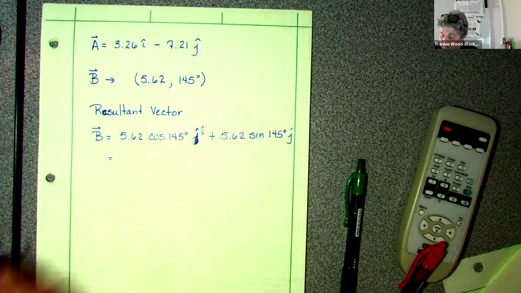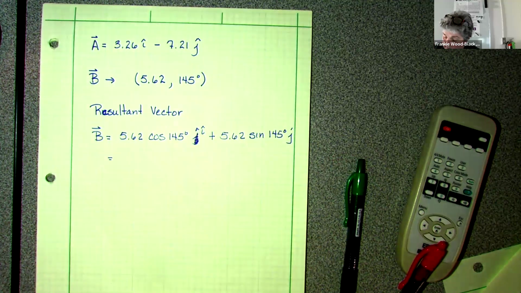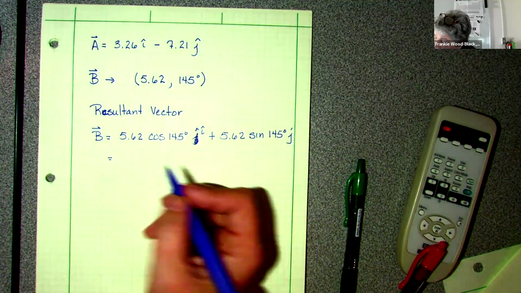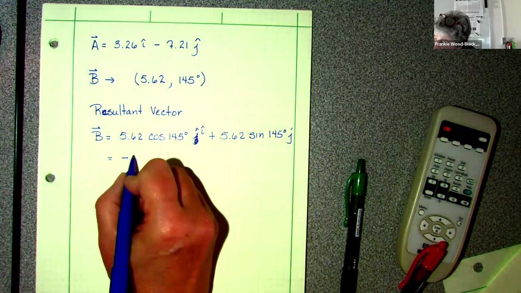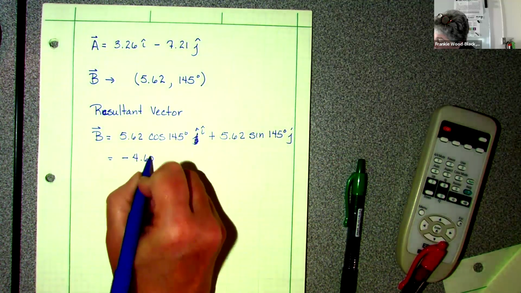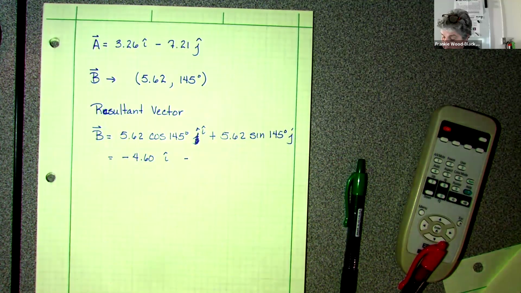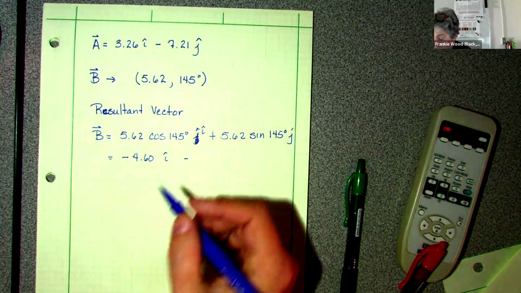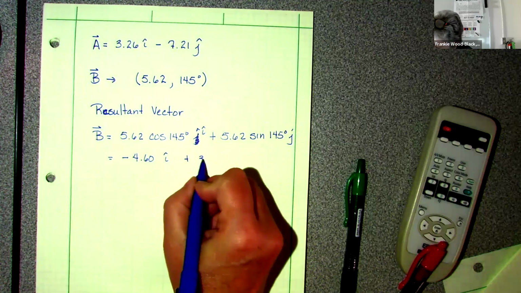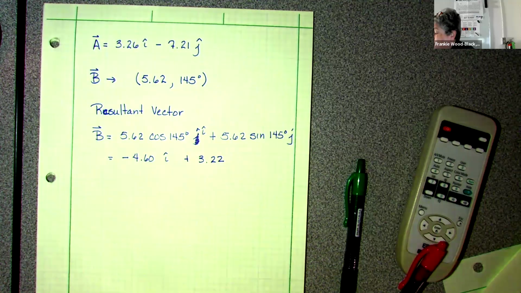So I'm going to do that. This is a negative 4.60, and this is a positive 3.22.